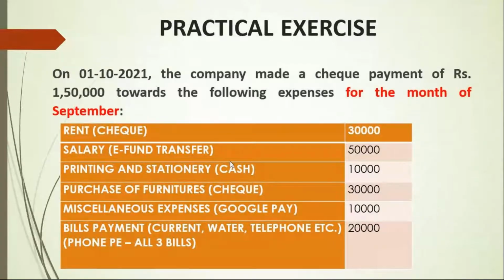So here PhonePe also, I have given all three bills 20,000. Okay, so let's pass this entry even in Tally too, and let's find out how it goes about.